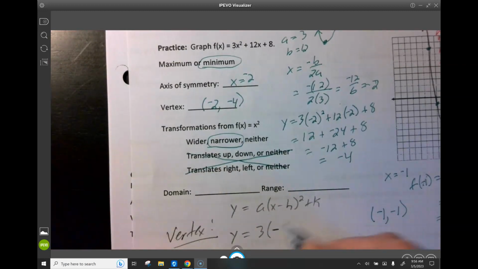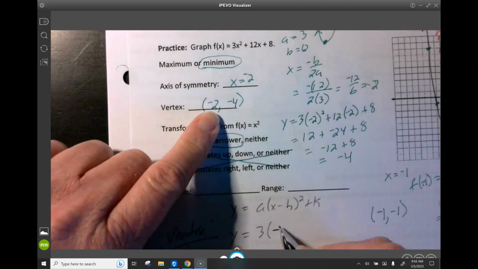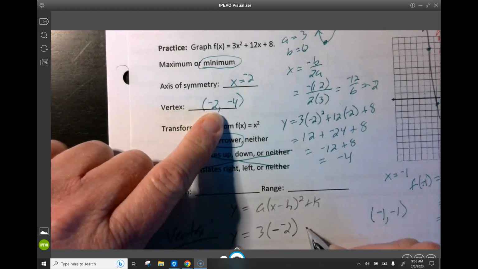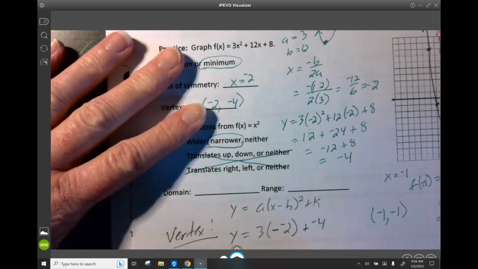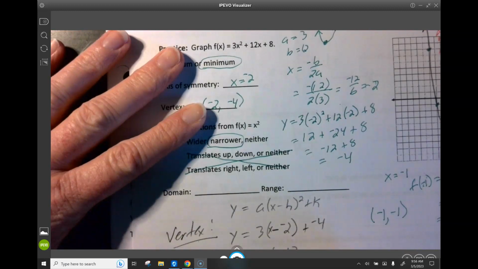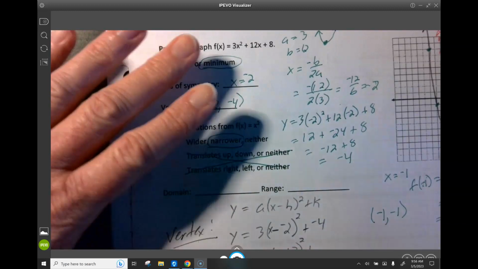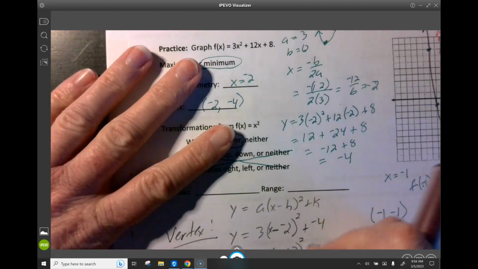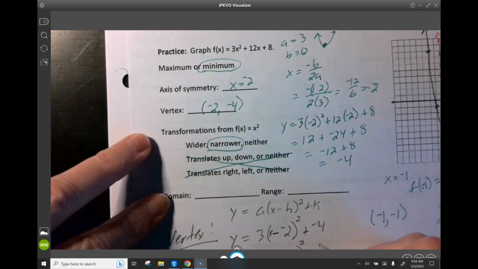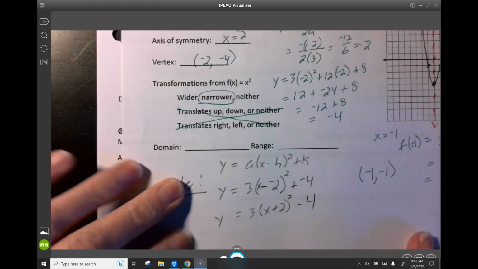So that would be x minus that one, so it would be negative 2, because that's h, plus negative 4, so let's clean that up. Y is equal to 3, oops, hey, x minus. So x plus 2, quantity squared, minus 4. See how vertex form is so cool? Once you have the vertex, you got your equation.